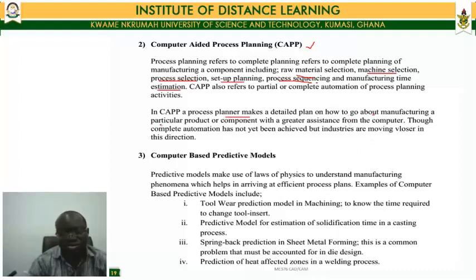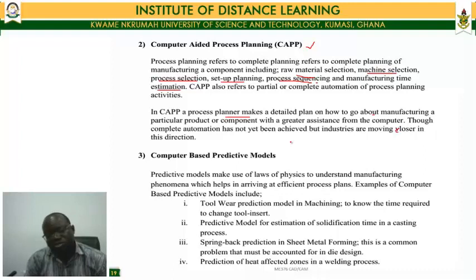Though you haven't really achieved complete automation, you will notice that industries are moving closer to this kind of computer-aided process planning solutions. But yet, we haven't gotten to complete automation really.